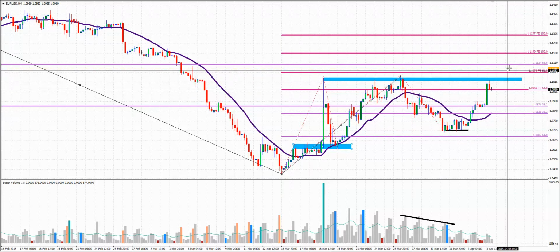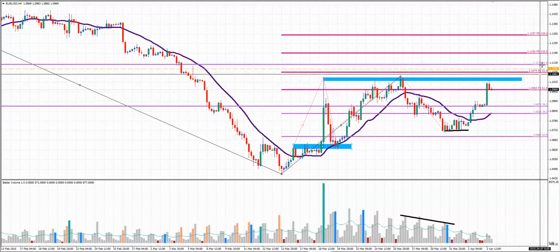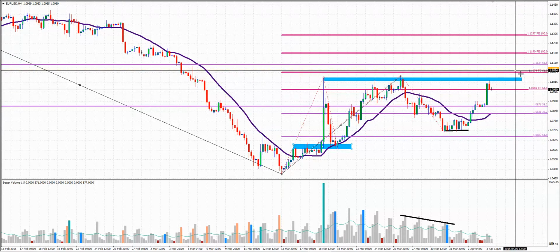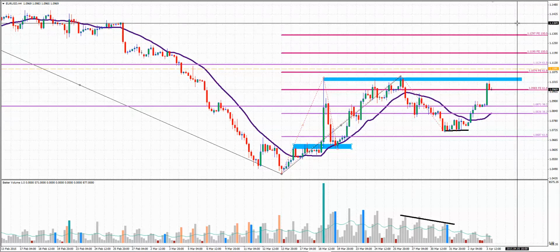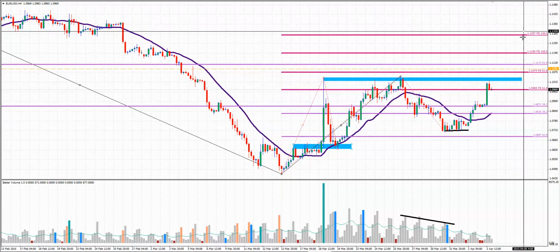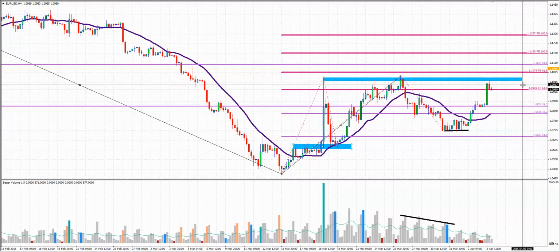From that major one, with the new expansion, we got a resistance area. The 61.8 expansion is this one, 1.1075, and the 100% expansion is around 1.1300. Remember that.